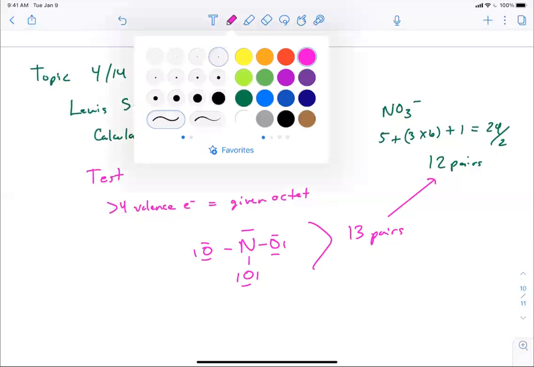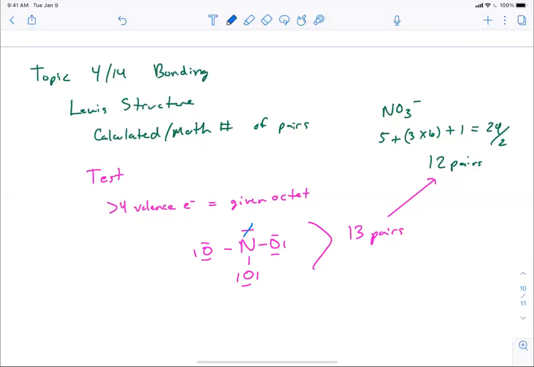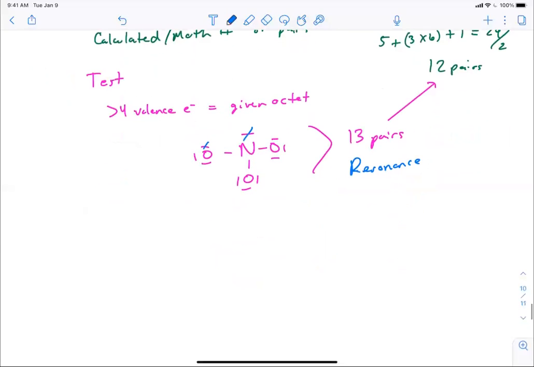And so here's the issue with this. You need to get rid of a lone pair and make a double bond somewhere. But the problem is, which oxygen do you do? Well, they're all the same. So what that tells you is you have resonance, because the double bond could go here, or it could go here, and it would still all be equivalent.